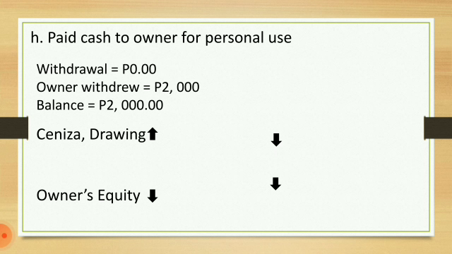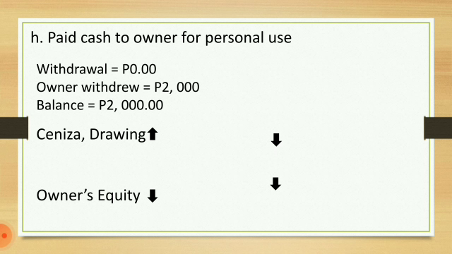Now take note, when you record transactions, let us say for withdrawal, it's the same thing with capital. It's the last name of the owner of the business. So in this case, just an example, the last name is Siniza and then comma drawing. So the drawing account is increased.